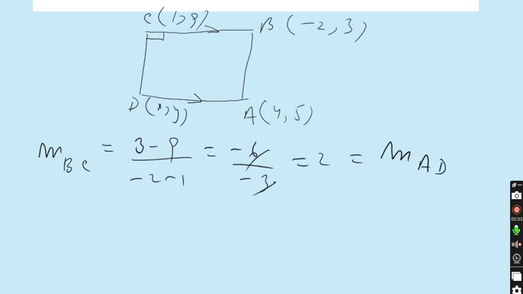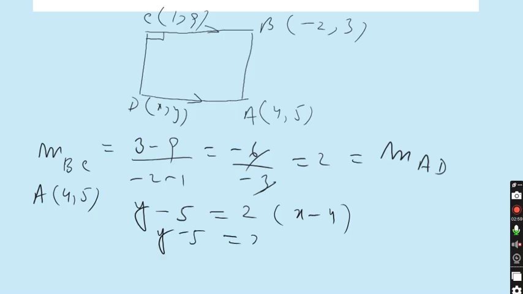Why? Because if two lines are parallel, then their gradients are the same. Now find the equation of AD. We need the point A, that is (4, 5), and the gradient of AD, which is 2. So we will use the formula y minus y1 is equal to m times (x minus x1). So y minus 5 is equal to 2x minus 8, or y minus 2x is equal to negative 3. This is equation number 1.